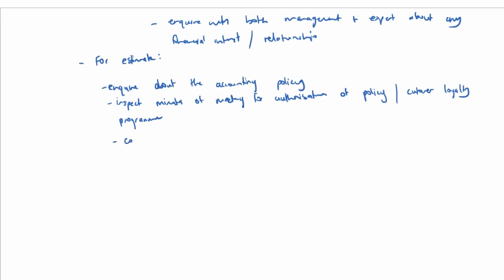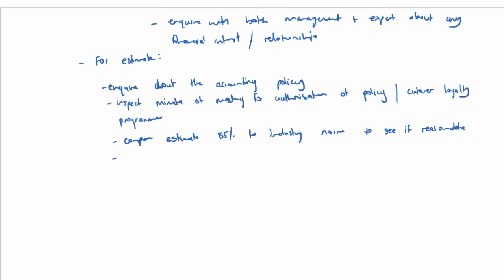Then I need to compare the estimate of 85% to the industry norm, because we must have this, considering it was an industry researcher who was used, to see if it is reasonable.